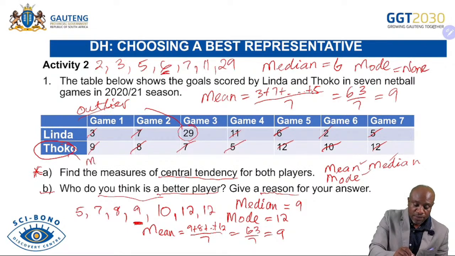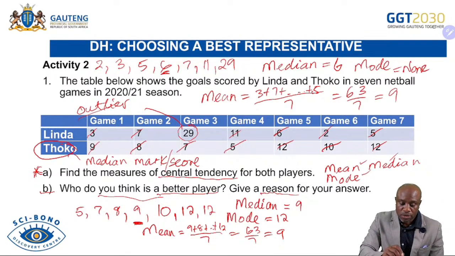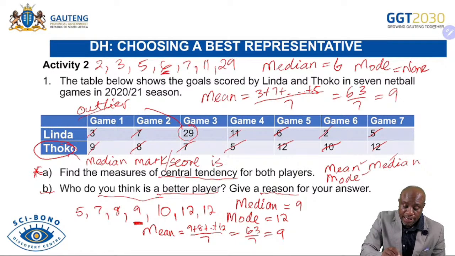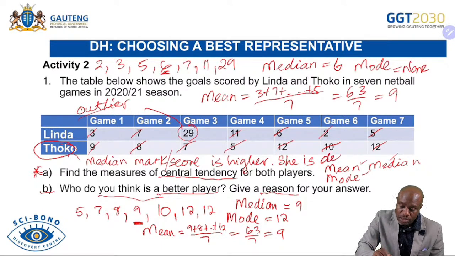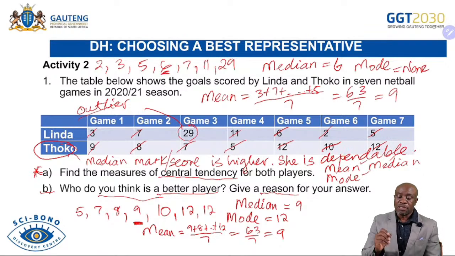Togo's median score is higher. That means she is consistent. She is dependable. Maybe let me use that word, dependable. So we can trust her. We can depend on her.